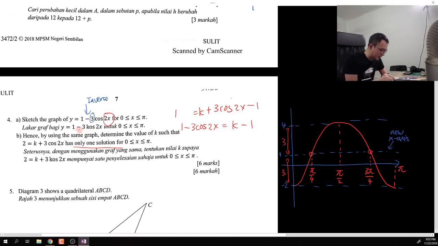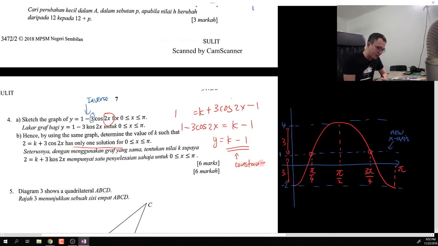The next thing I will do is substitute. Since I have 1 minus 3 cos 2x, I know this is y, so I get y equals k minus 1. It determines the value of k such that there is only one solution. Here k minus 1 is the constant value.